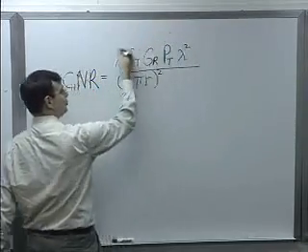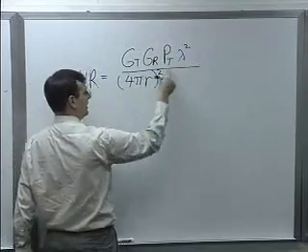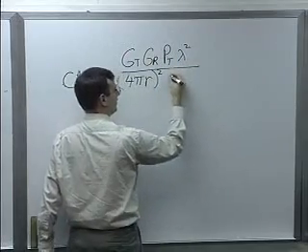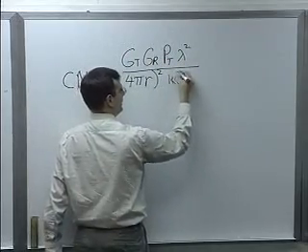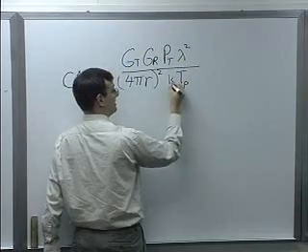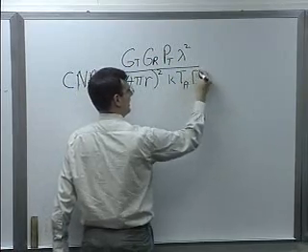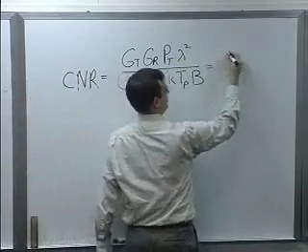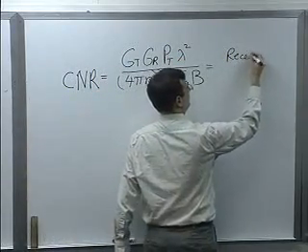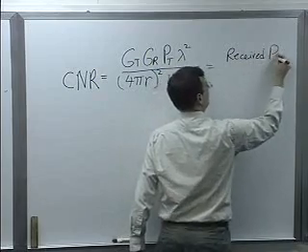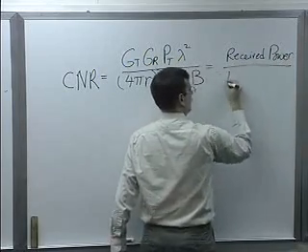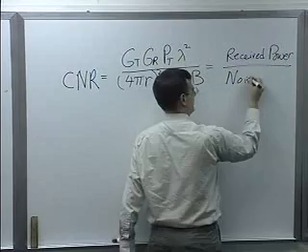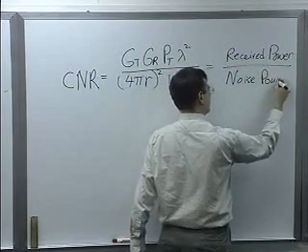And this is my receive power in my link. And of course, my noise power is going to be k, Boltzmann's constant, times physical temperature, times the bandwidth of the system. And of course, this is received power over noise power, one of the most important metrics of quality in a communication link.